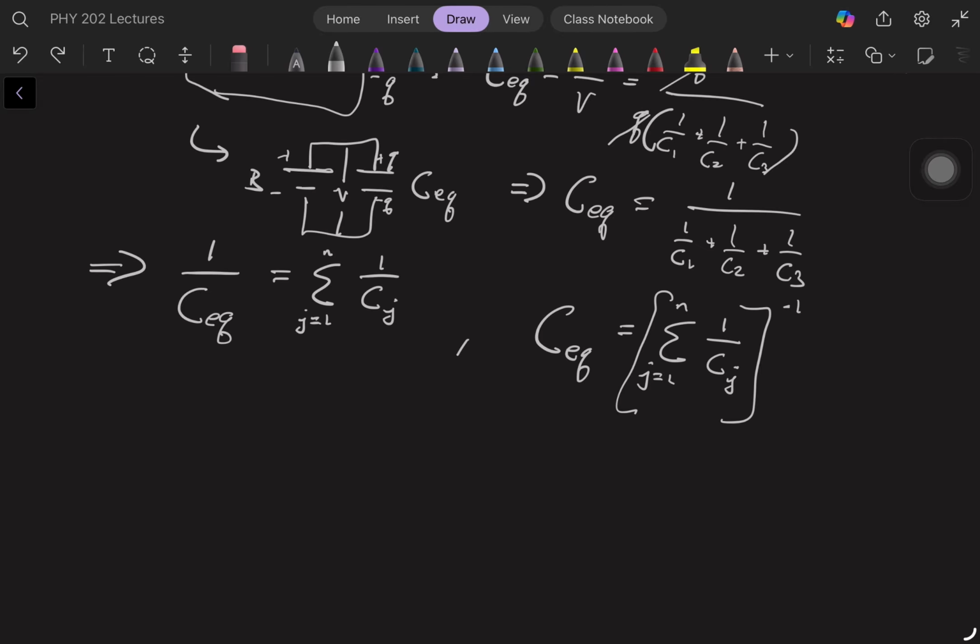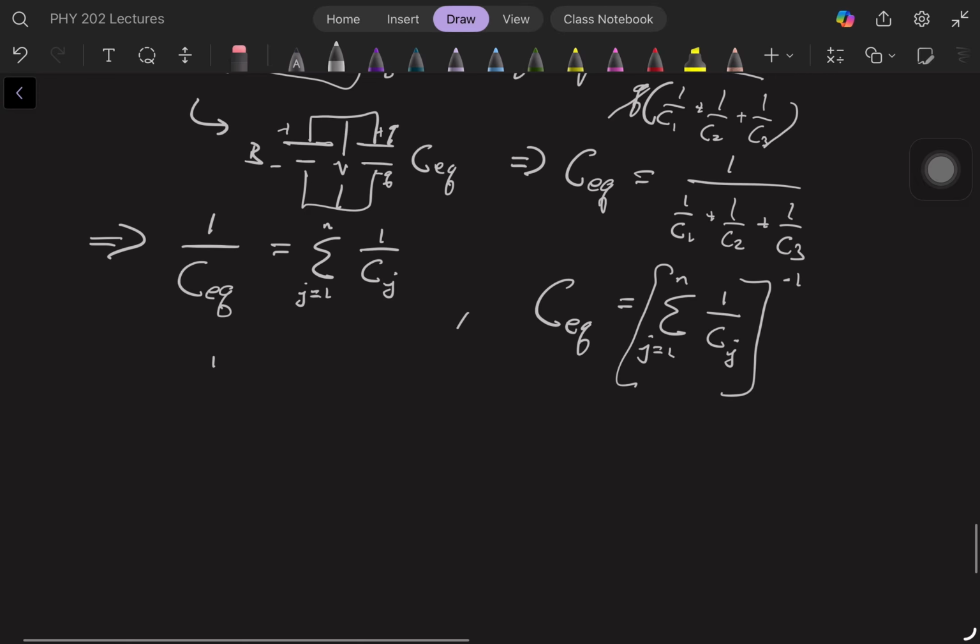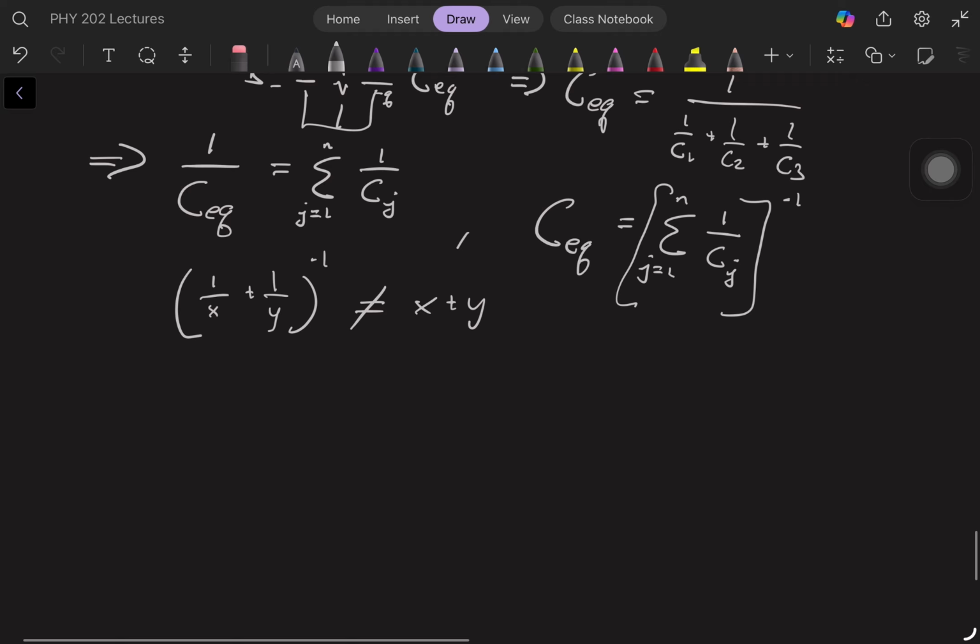And again, 1 over x plus 1 over y, all to the negative 1, is not equal to x plus y. And you can plug in some numbers if you want. So we'll do 1/2 plus 1/4, to the negative 1.